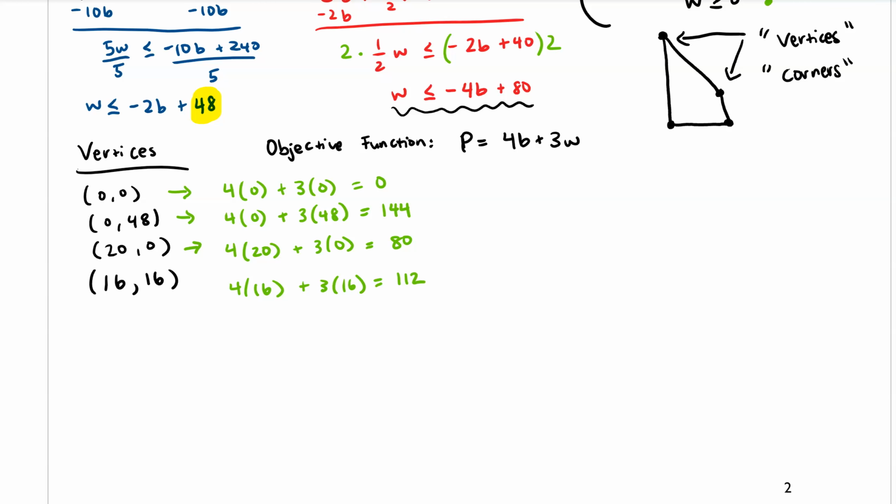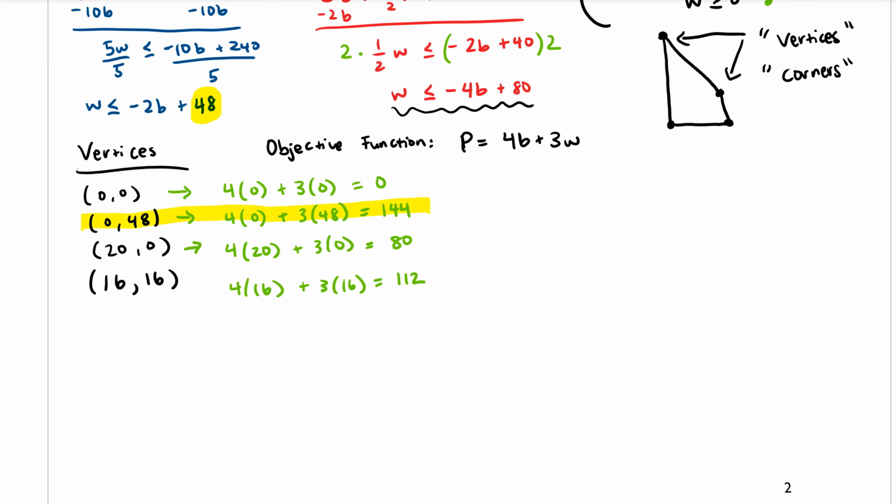So I think the question was basically asking, what combination of items do I need to sell that will meet the constraints but also maximize my profits? And we see here that the winning combination is this one.